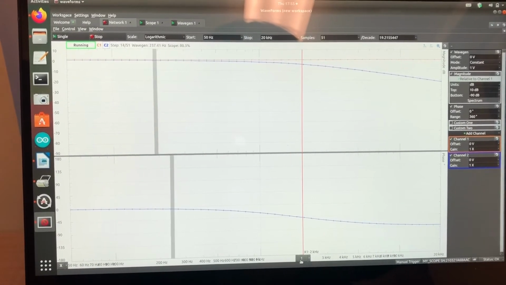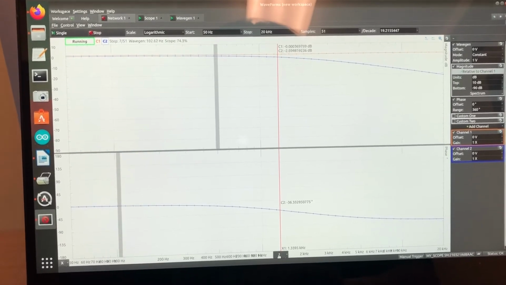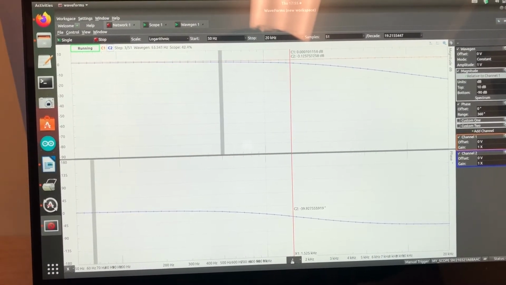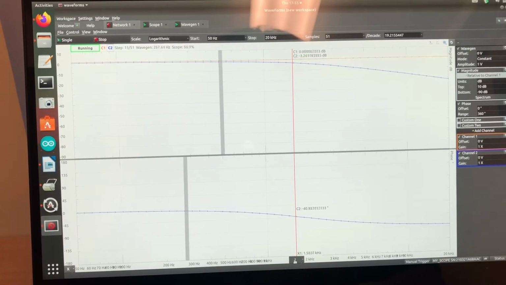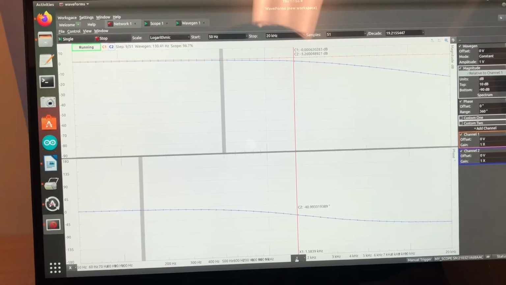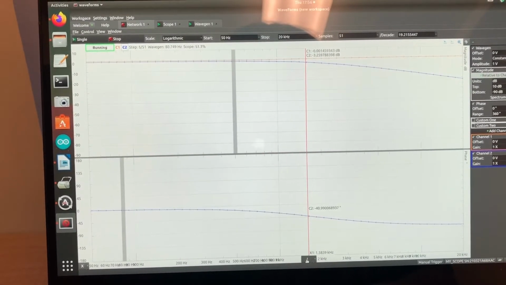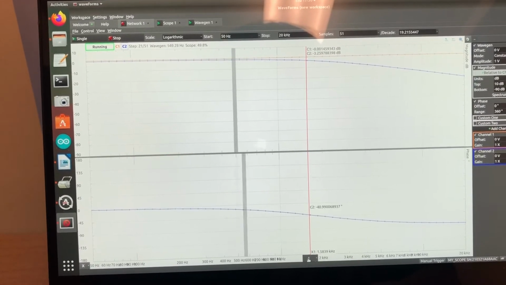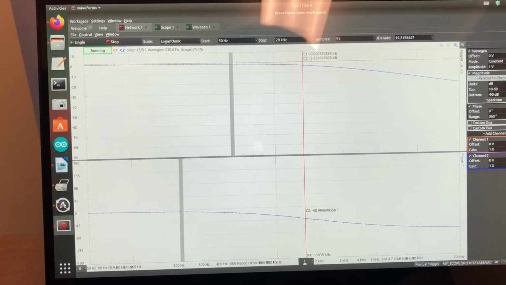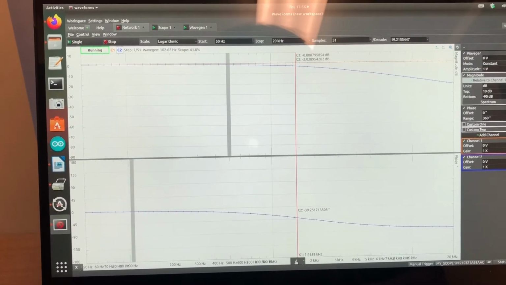one can assume that at 1.592 you'll find that it's negative 3 dB. Close enough. But you'll see that it's negative 3.2 something. That's because of the tolerances involved with the capacitor and the resistor. They're not going to be perfect, so they're always just a little bit off.